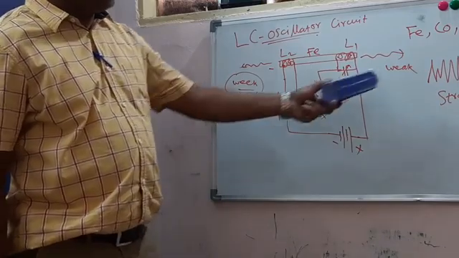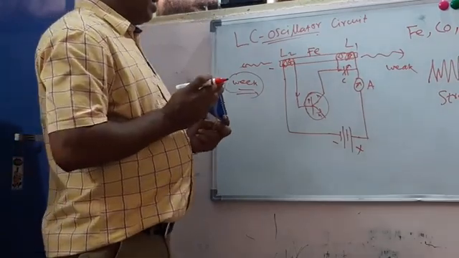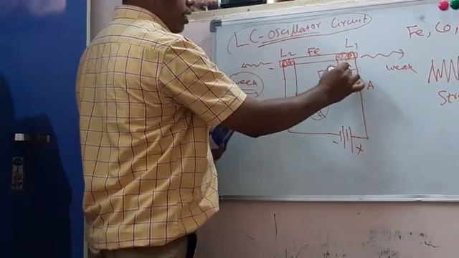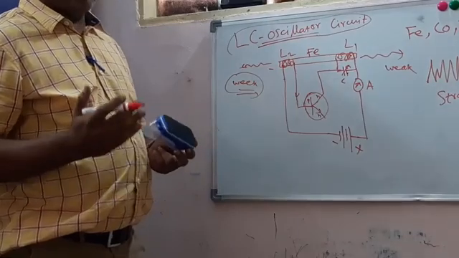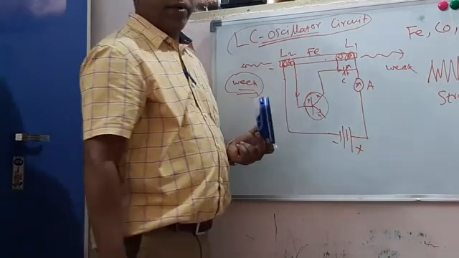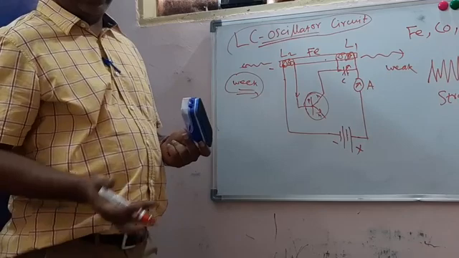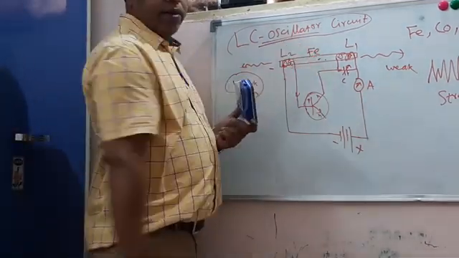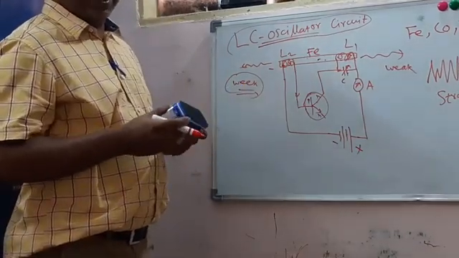In order to generate high intensity ultrasonic sound waves, we should equalize the frequency of the LC oscillator circuit with the frequency of the material's magnetostriction. That depends on the material's internal properties like Young's modulus and its density.